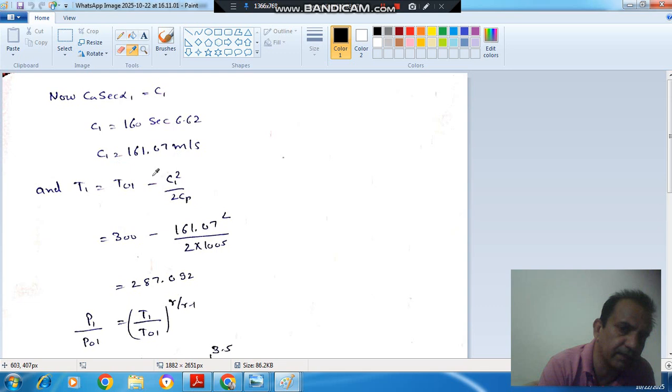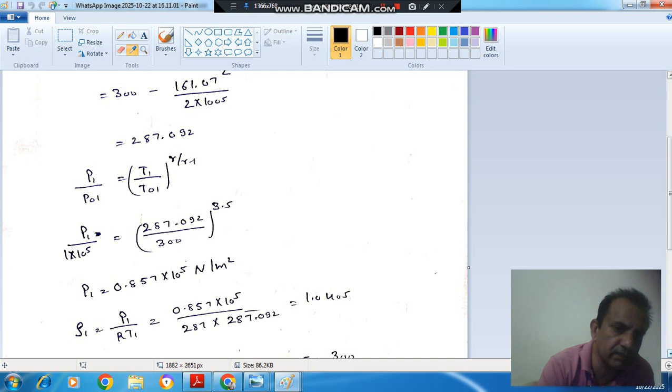From this C1, the dynamic temperature at inlet can be calculated, that is C1 square by 2 Cp, and if we subtract from the stagnation temperature, we can find out T1, so that is 287.092. So now using the isentropic relation, we can find out static pressure also. P1 by P01 is equal to (T1 by T01) to the power gamma by gamma minus 1.